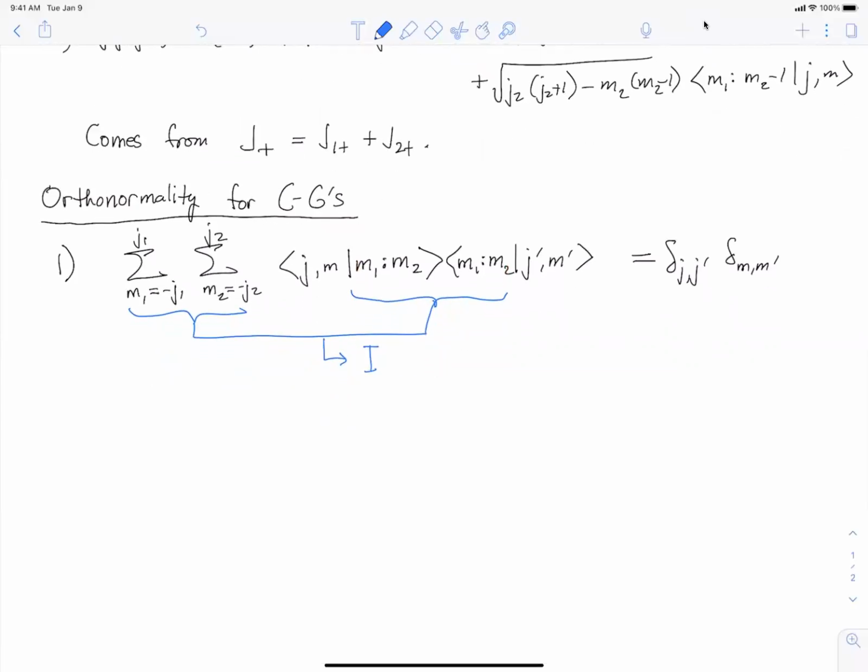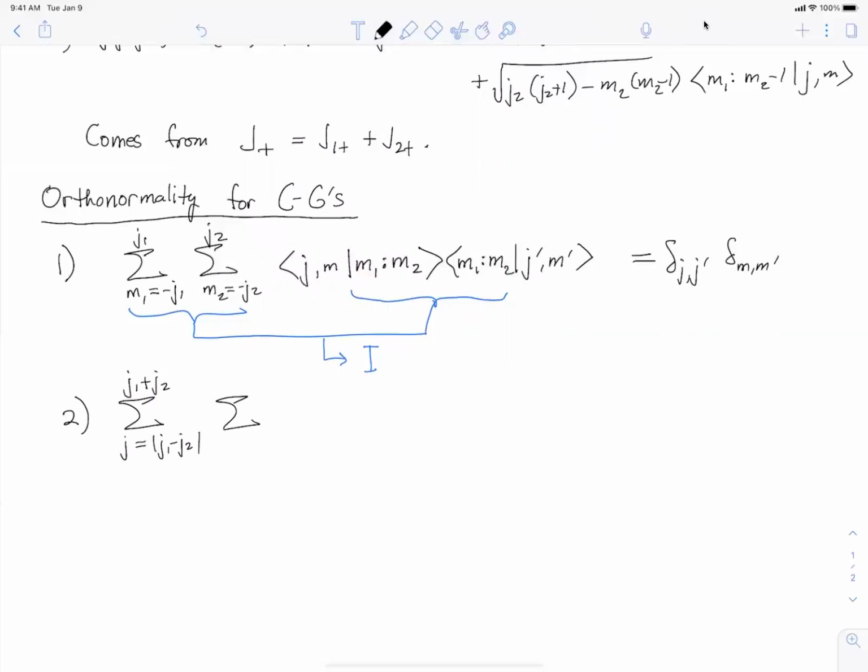Okay, so then you can do a different orthonormality condition where instead of summing over M1 and M2, now I'm going to sum over J and M over all possible values that they can take. So for J, it can be as small as the absolute value of J1 minus J2, and it can be as large as J1 plus J2.